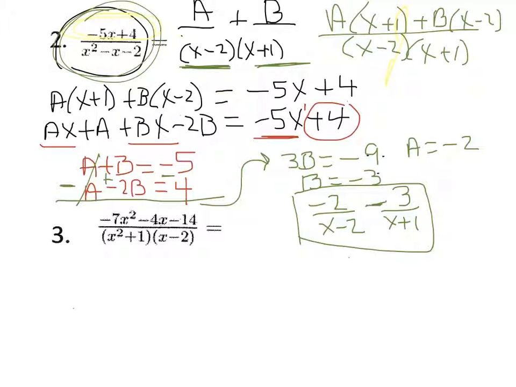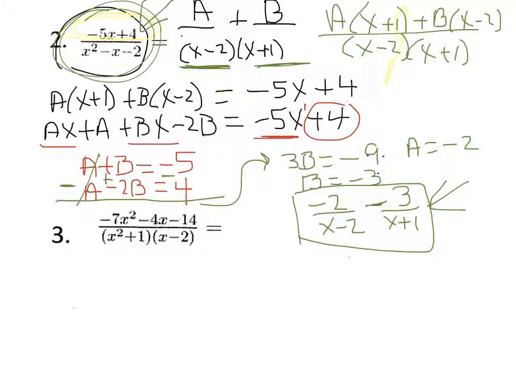So in calculus, it's easier to work with this kind of expression than this kind of expression. That's eventually where you're going to use partial fractions, to take apart a rational expression. Okay, does that make sense?